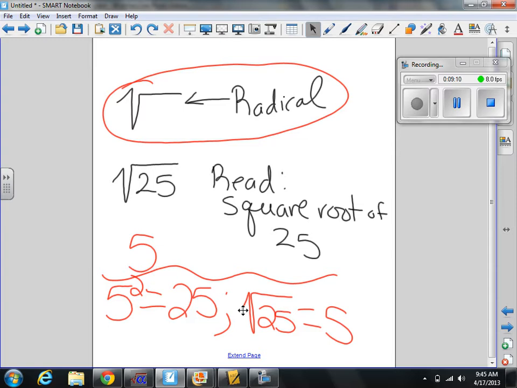The square root of 25 means what times what would give you the answer of 25, which is 5. So squaring and square rooting are opposites of each other, just like adding is the opposite of subtracting, or dividing is the opposite of multiplying.